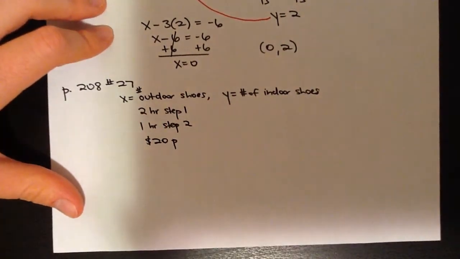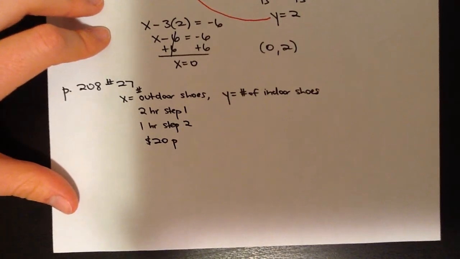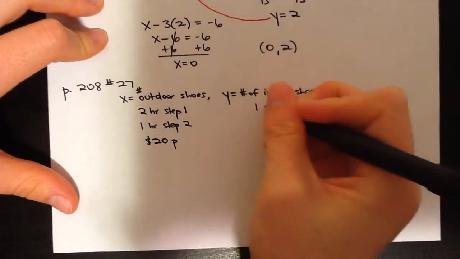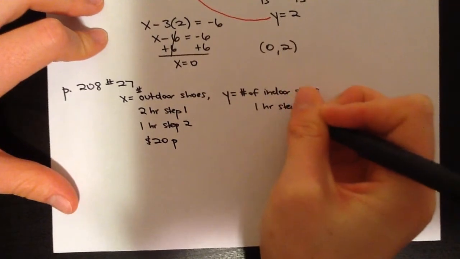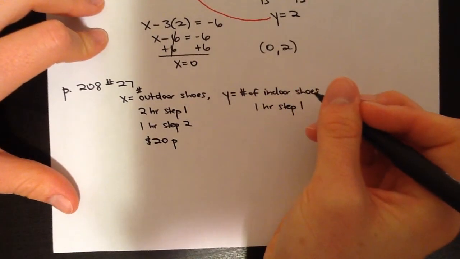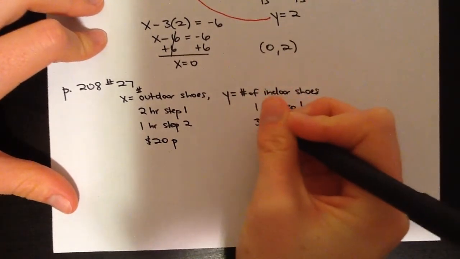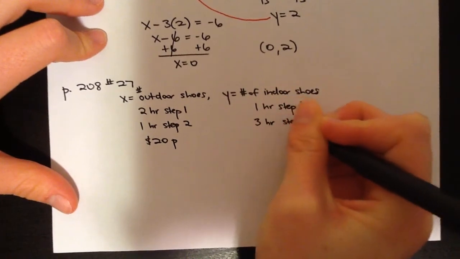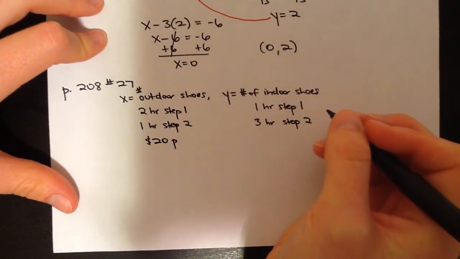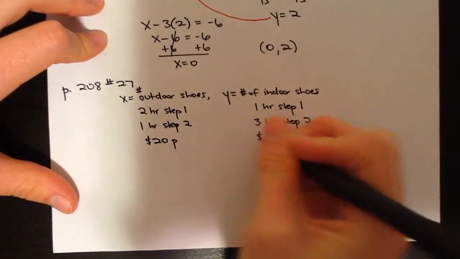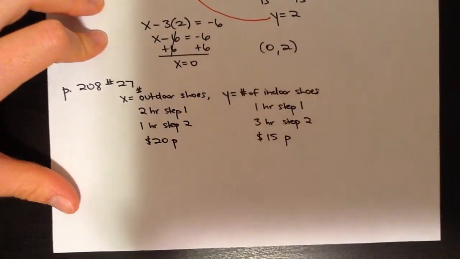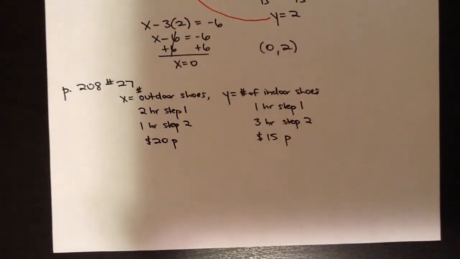And then the next ones, each pair of indoor shoes requires 1 hour in step 1, 3 hours in step 2, and produces a profit of $15. Okay, let's see what other info we have.